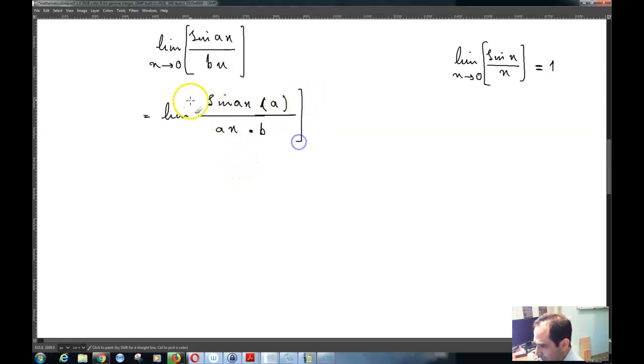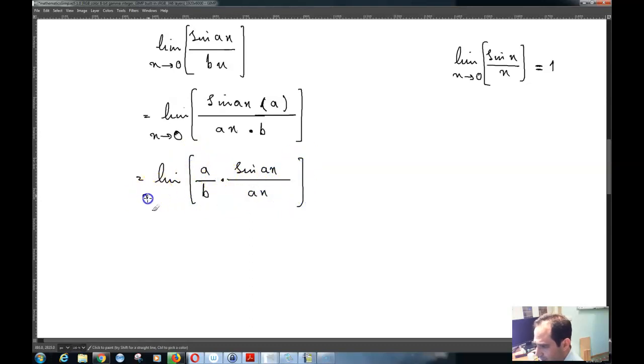So I write it times a in the numerator, as x tends to 0, and then I can write this as the limit of a over b times sine ax over ax as x tends to 0.